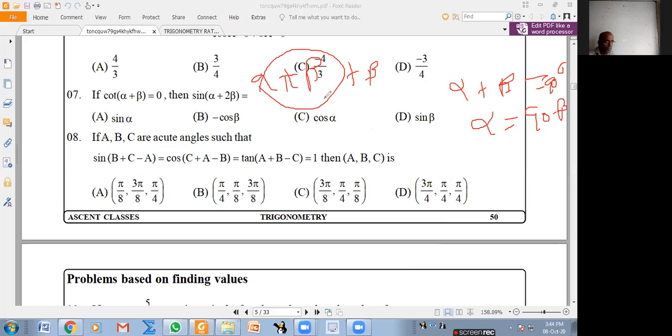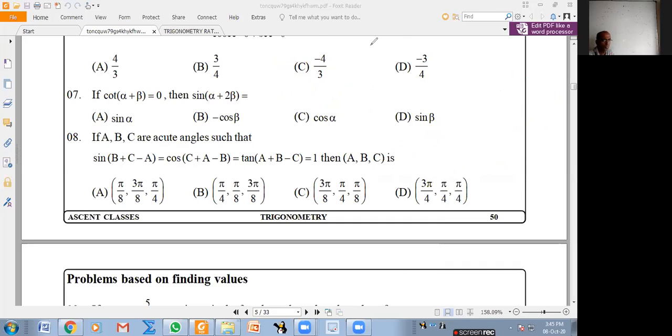In the place of beta, you write 90 minus alpha, and cos of (90 minus alpha) will be sin alpha, which is option A. Through all these questions, what you have to learn is they're not something new. You have to just look at the question and accordingly manipulate.